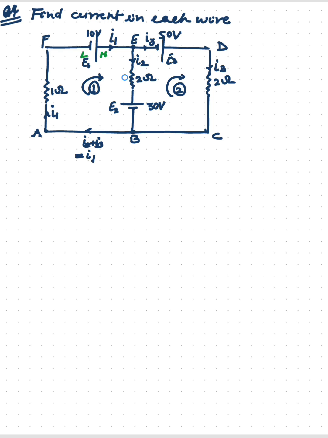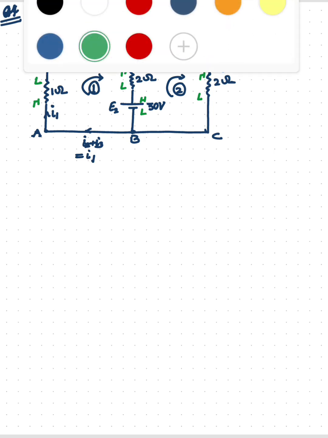Okay, this will be high, this will be low, and this is high, this is low, and here this is high and this is low. Here this is high, this is low, this is low, this is high, high and low. Clear? All marked.